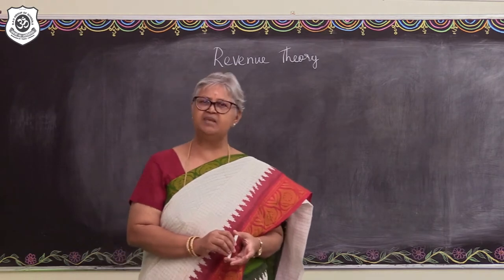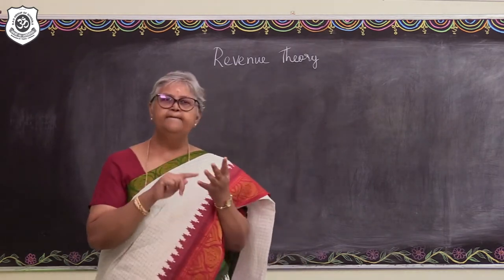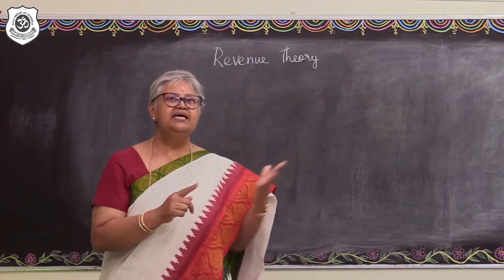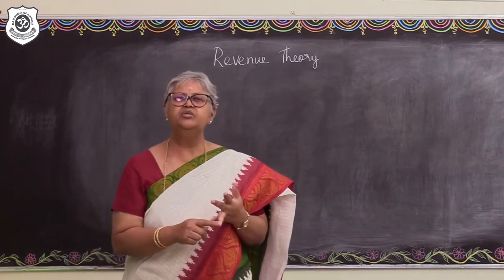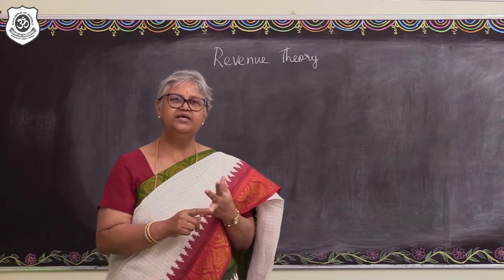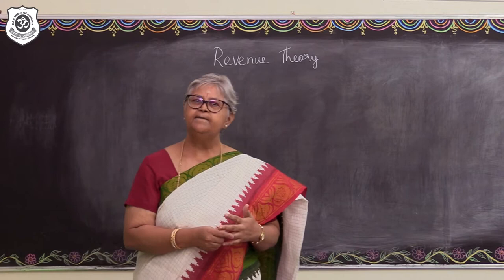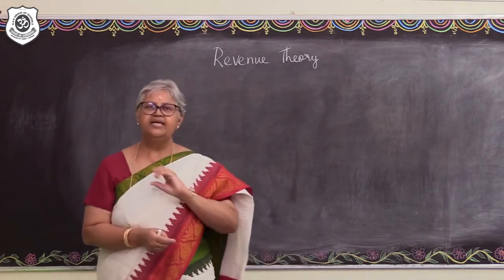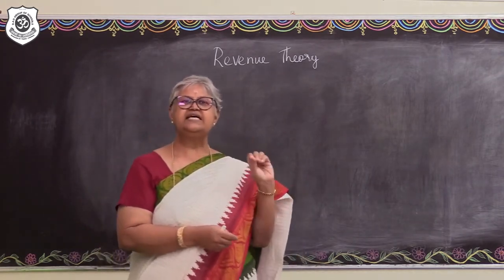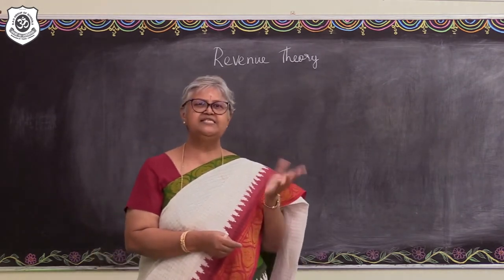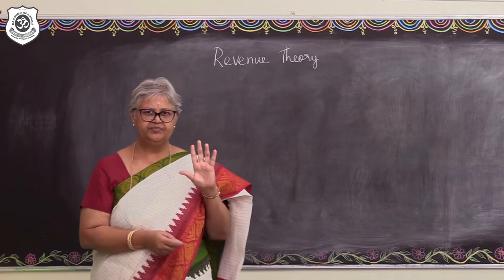There are two types of markets basically, perfect market and an imperfect market. In great detail about the various kinds of markets, you would be understanding in the upcoming classes. But right now, let's just understand how in a perfect market, revenue is generated by an entrepreneur.